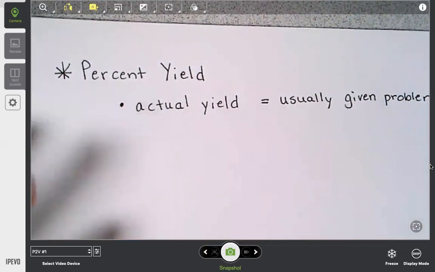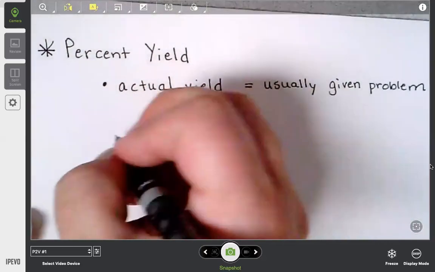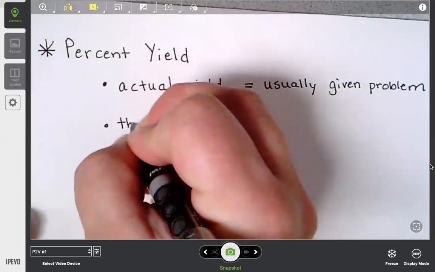But generally, you will read this out. It will be part of the information in the problem that you are solving. The actual yield, this is what we actually made. Tomorrow, when you do the lab, when you take your product up to the scale and put it on there, that is what you actually made. It exists. Okay. The other part of percent yield is called the theoretical yield.